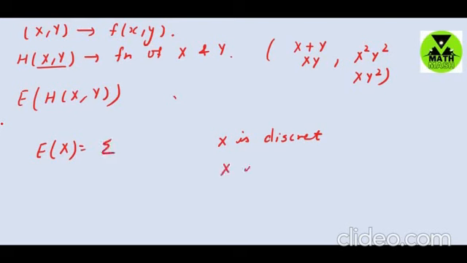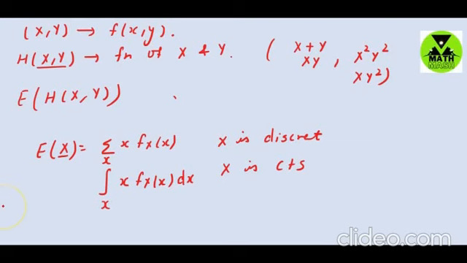If x is a continuous random variable, we use integration. Whatever is written here, we have x, so simply write x here, and x here. And whatever the density function of this random variable x is, this is fx of x, and here this is fx of x. Since we are using integration here, integrate with respect to x over the possible values of x, and this is summation over x.